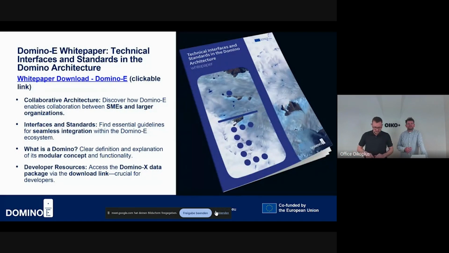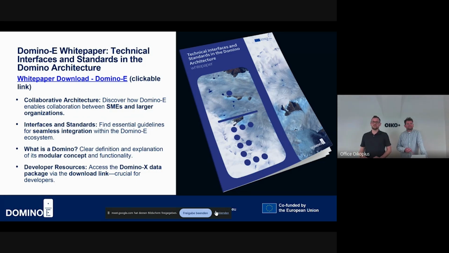So let me show you the material that is out there so that you can update yourself. There is a white paper, the DominoE white paper, that assembles basically all the technical standards and interfaces that are used by the Domino architecture.